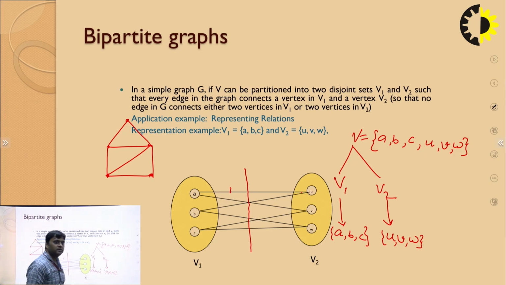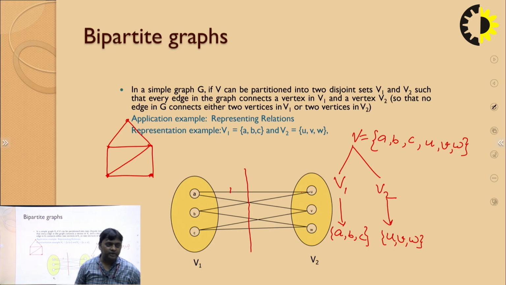If the graph is colored with exactly two colors, then the graph is known as a bipartite graph. In this graph, if we assign a color to each node and it is colored with exactly two colors, then this graph will be a bipartite graph.